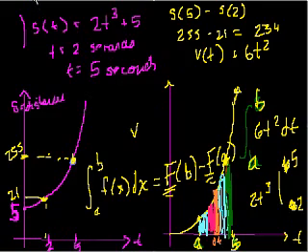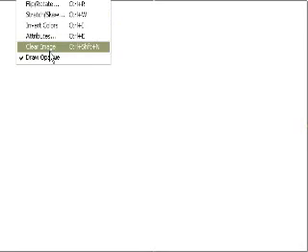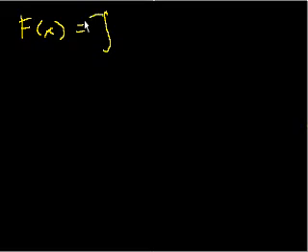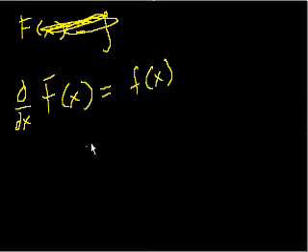So let me clear this up and just rewrite that last thing I wrote, but maybe a little bit cleaner. Let me say that the derivative of big F of x is equal to small f of x. I think this is actually the fundamental theorem of calculus, but I don't want to throw out things without knowing for sure.